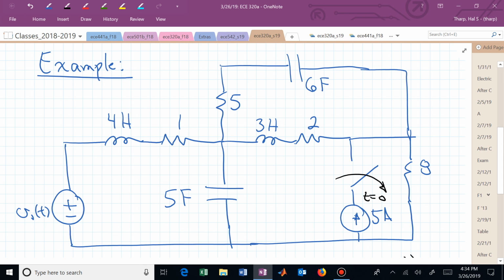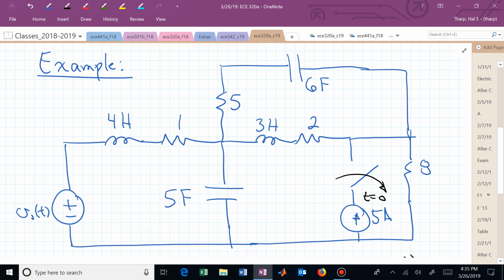Do we have a current source active for negative time? Yes, so that's active. Do we have a voltage source? Yes, it's 1, and our current is 5. What happens to the capacitors and the inductors? We open up the capacitors and we short the inductors.